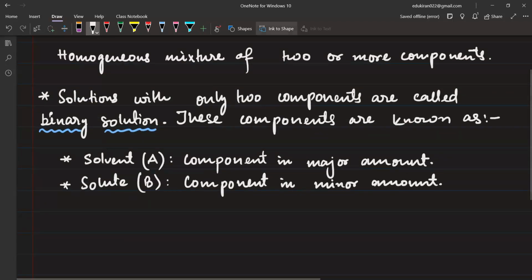Okay, so these are generalized definitions. These are not very restricted definitions. Okay, these are not very strict.